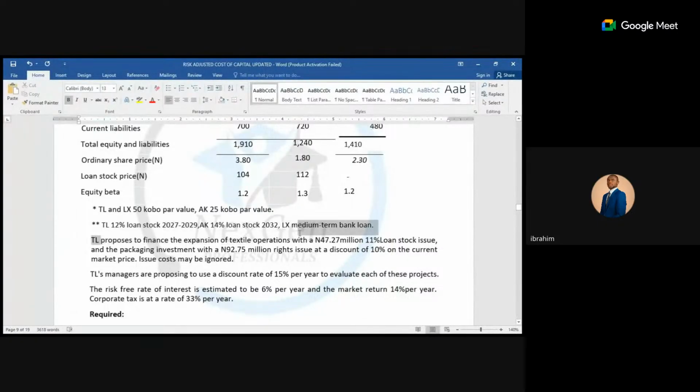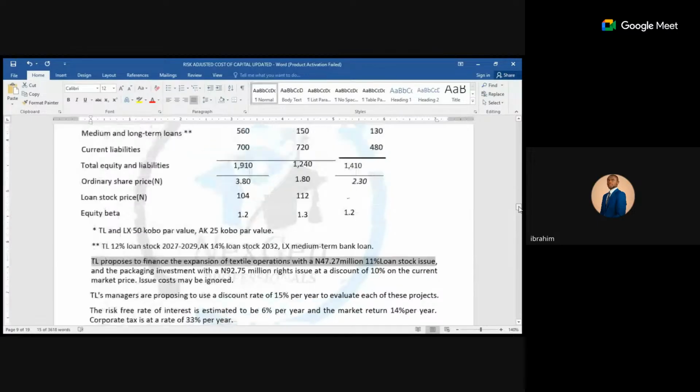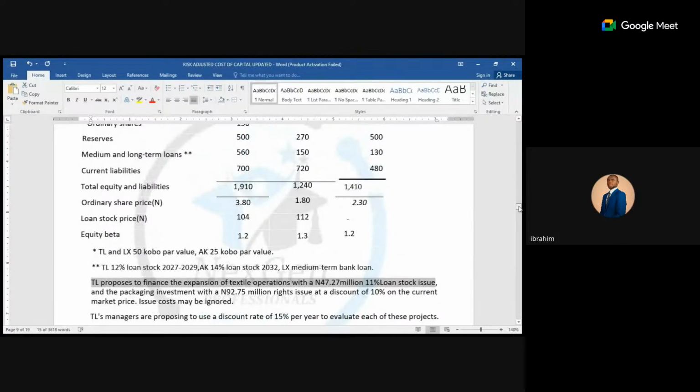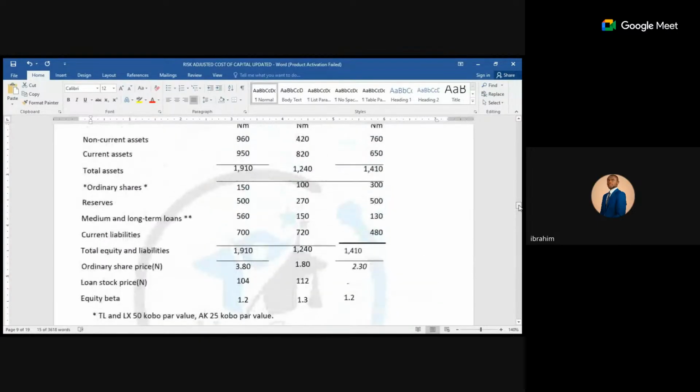Okay, this is what they will have, right? If TL proposed to finance the expansion of the textile operation with 47.27 million, is that not so? What is the value of equity? We'll still do the same thing. Okay, that's fine.